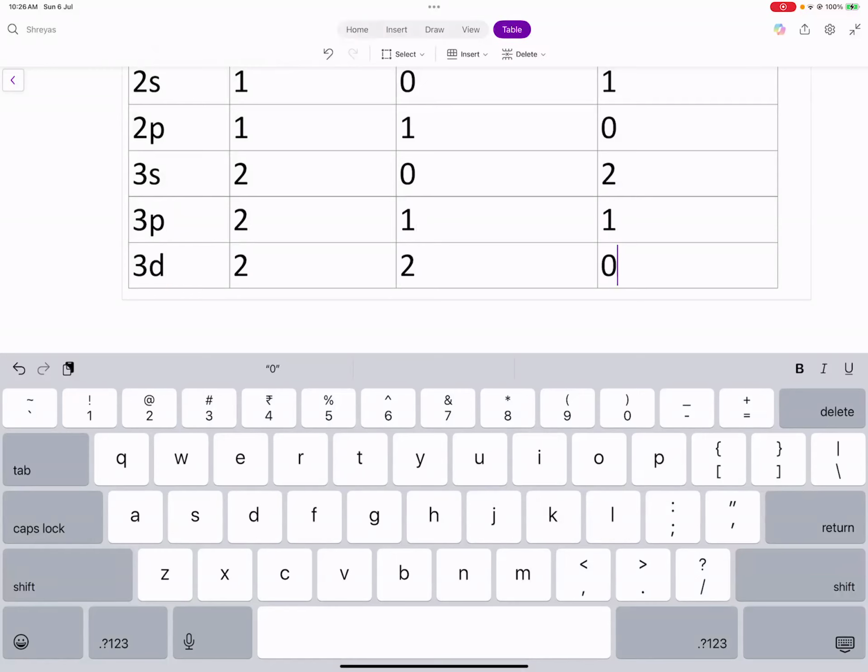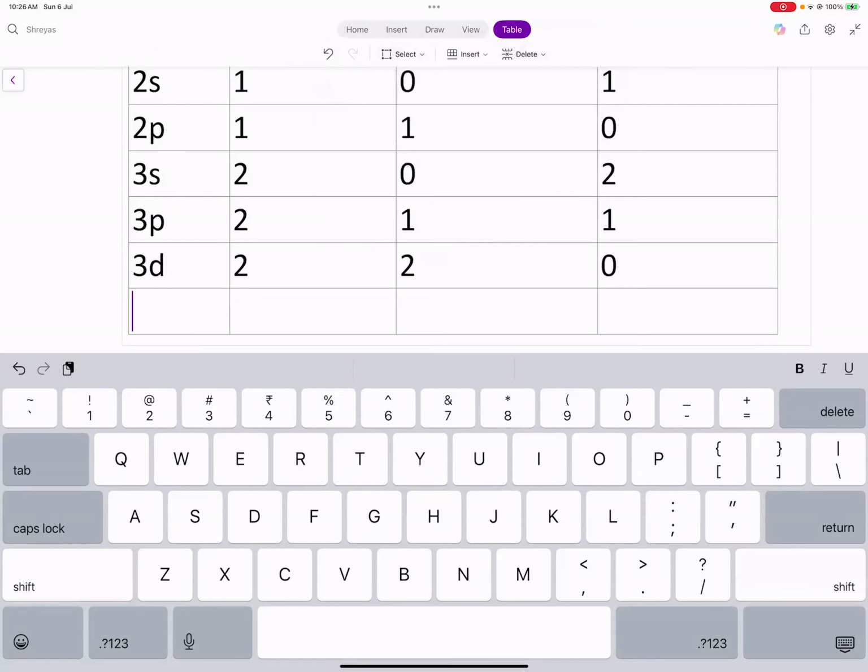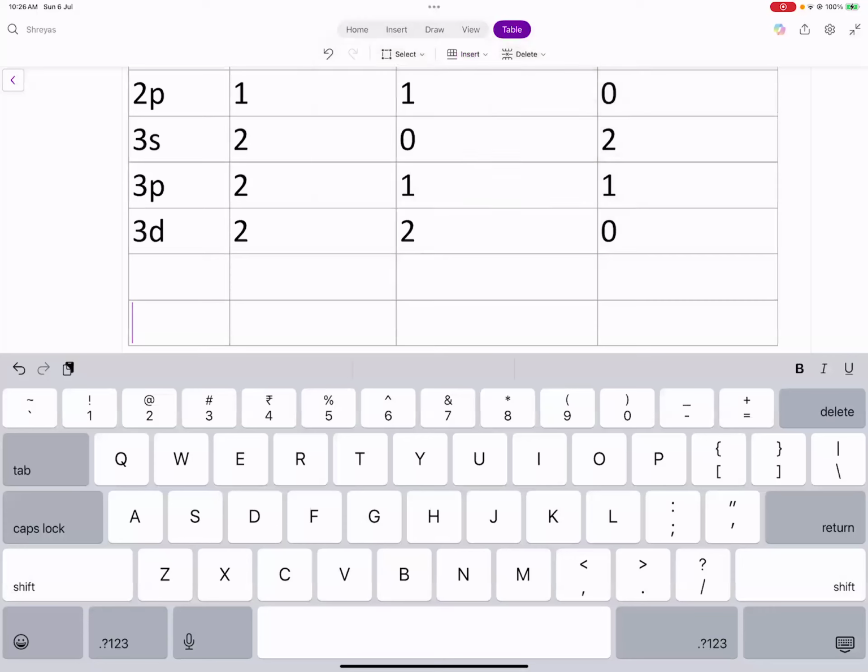Okay, table, insert, rows below. Okay. So s begins from 1, p begins from 2, d begins from 3, f will begin from 4.